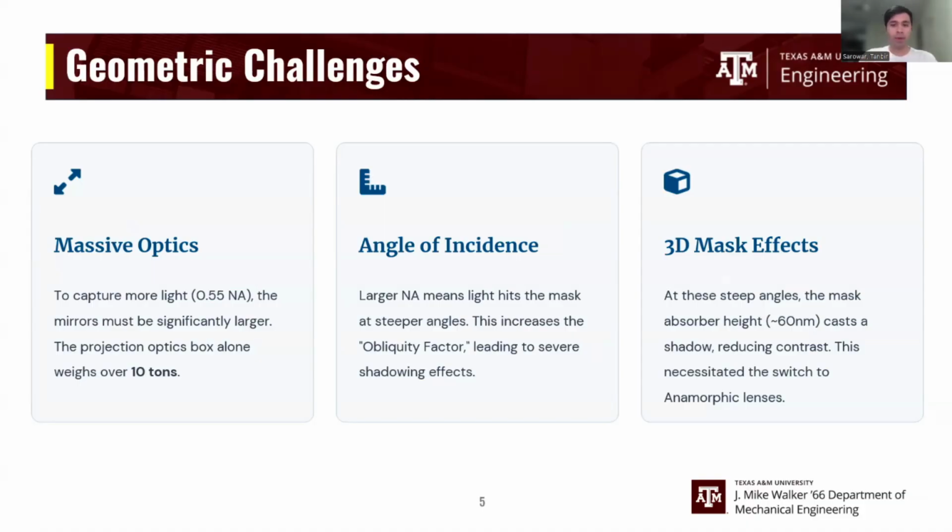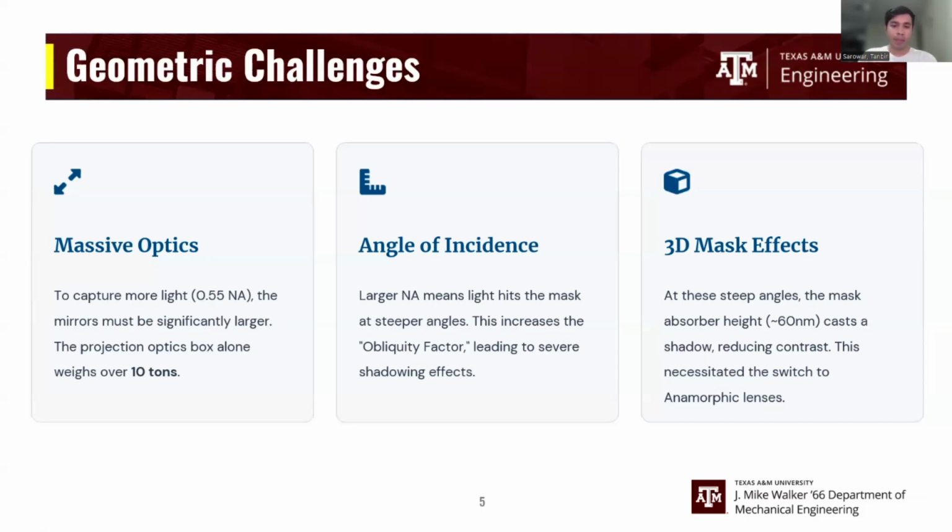First, it comes with massive optics. The mirrors become enormous. Presently, a company named Zeiss makes all the optics for the ASML machines. But for the high NA, the optics can weigh up to 10 tons. So the massive optics is the first hurdle we need to overcome.